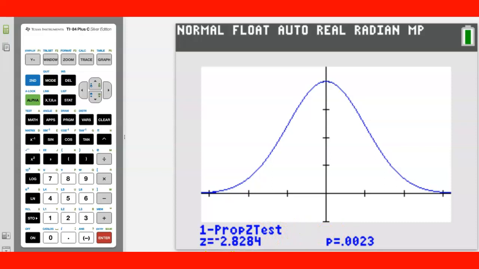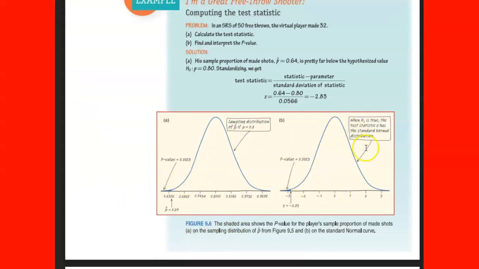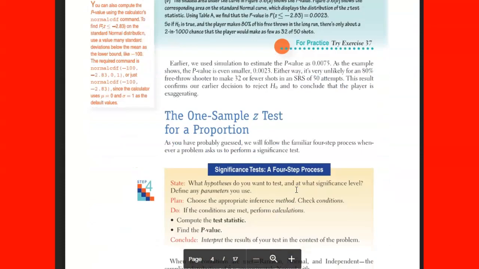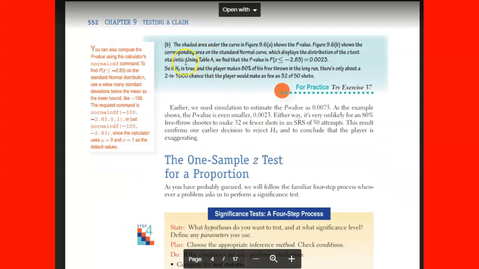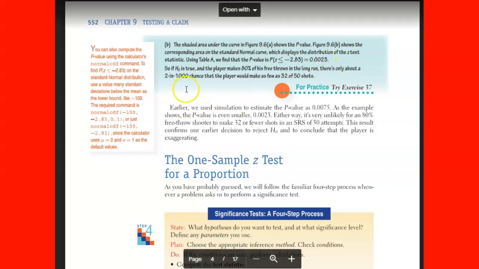So we're going to pause your calculator and go back to the book. This is the same thing that it looked like on my calculator, right? A test statistic of negative 2.83 and a p-value of 0.0023. So what do we do with that? The shaded area is the p-value. That's a tiny number.